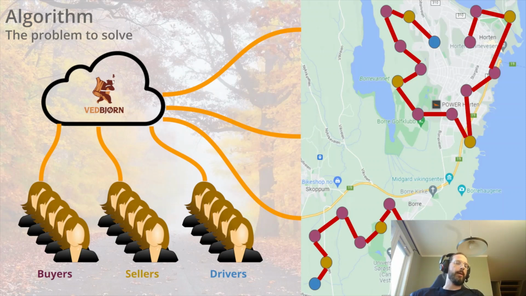That is making sure that the driver always has exactly the cargo needed to pass through the route, but not too much, and then passing through the sellers along the way to pick up more, and dropping off packages at the buyers' locations. So that's the problem.